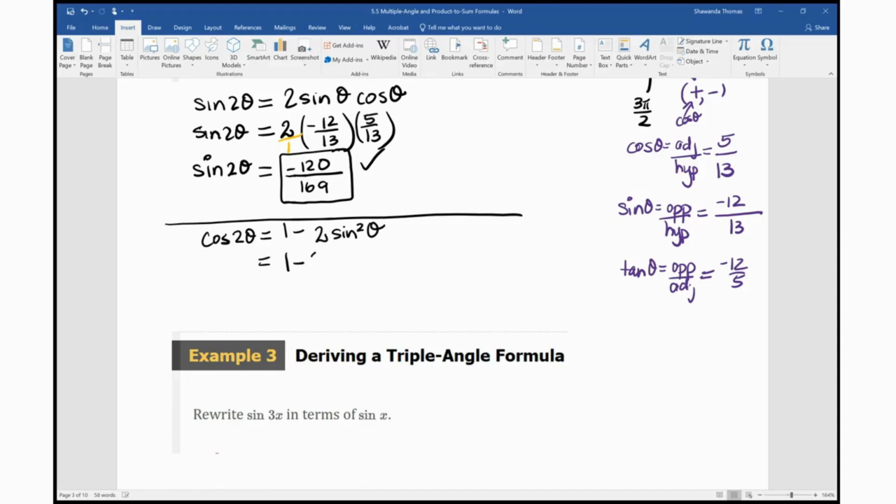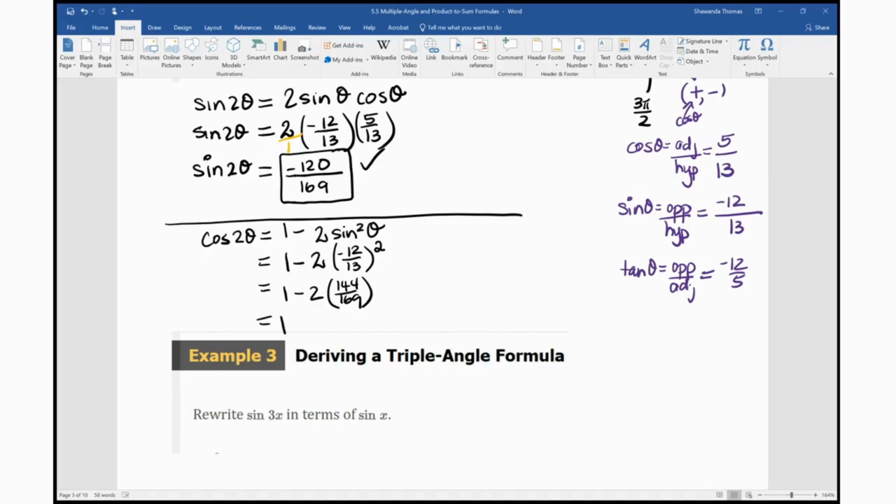1 minus 2 times sine squared theta. Well, we already worked out sine. That's negative 12 over 13. We just got to square it because it's sine squared. So that's 1 minus 2 times. What is negative 12 over 13 squared? We're squaring the negative 12. We're squaring the 13. 144 over 169. Great. Then we got to multiply 2 times that.